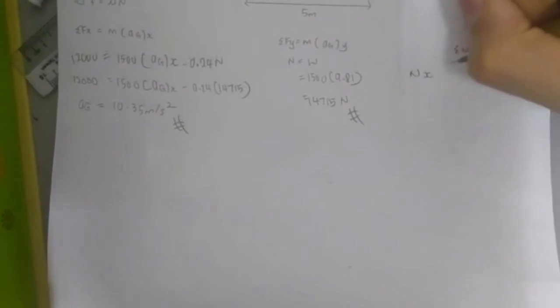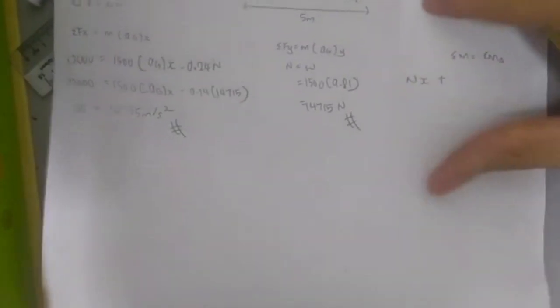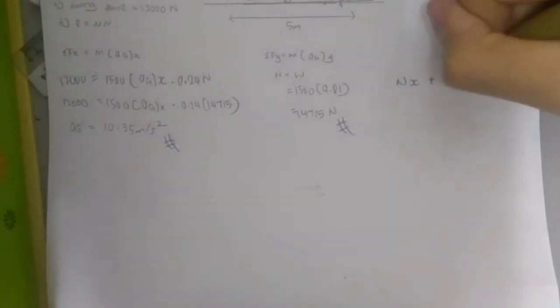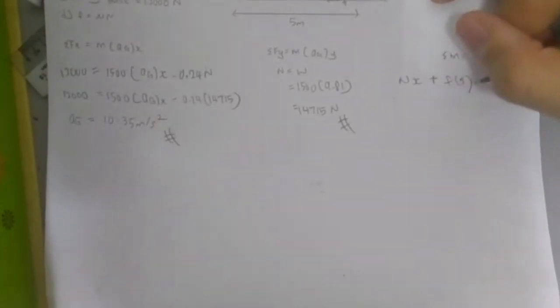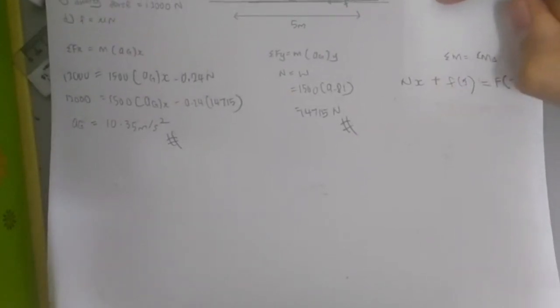Okay, so we got an n here times the x plus the f times 3 equal to force, the driving force, times 3. Yeah, because the distance, yeah.